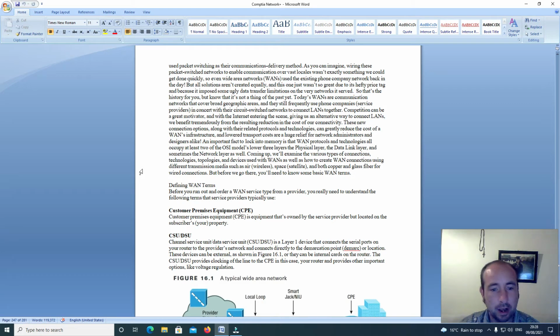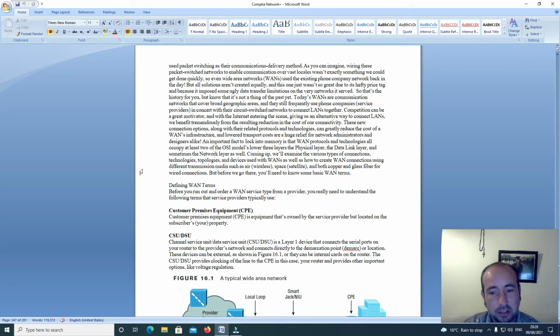An important fact to lock into memory is that WAN protocols and technologies all occupy at least two of the OSI model's lower three layers: the physical layer, the data link layer, and sometimes the network layer as well.